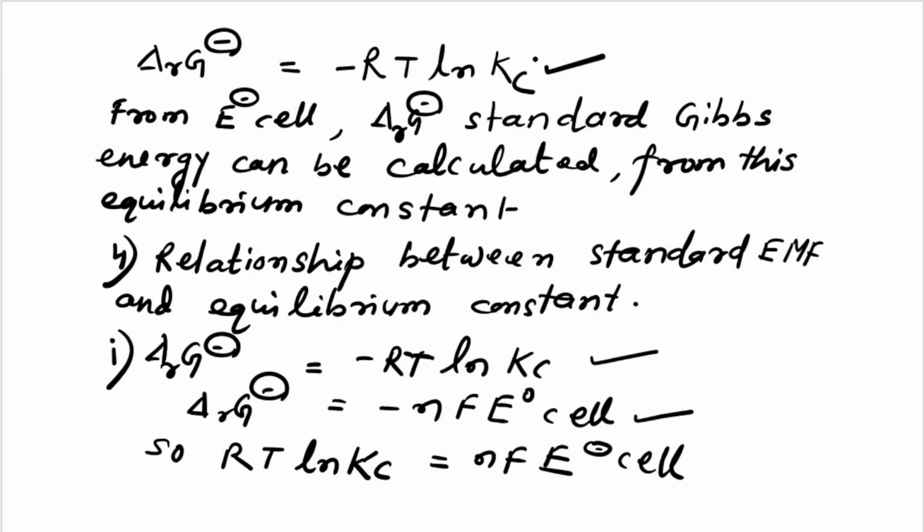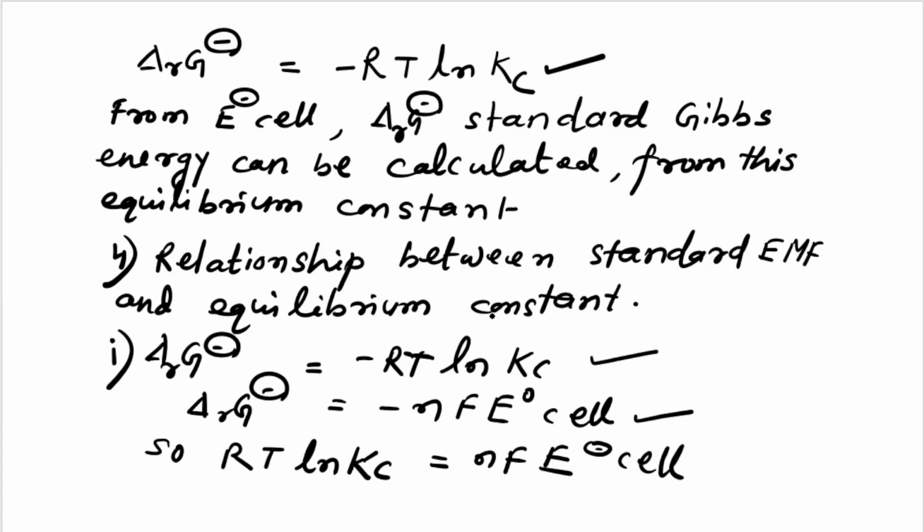Are you clear? From E0 cell, ΔG0, the standard Gibbs energy and standard electrode potential, can be calculated from this equilibrium constant. So from E0 cell the standard Gibbs energy is calculated, and from that you can calculate Kc. Then the relationship between standard EMF and equilibrium constant: standard EMF means E0 cell, and equilibrium constant means Kc.